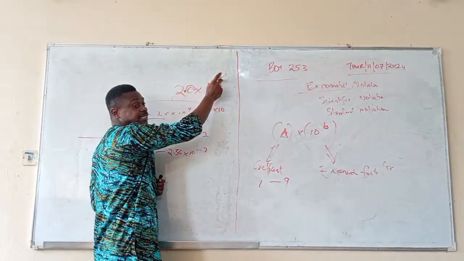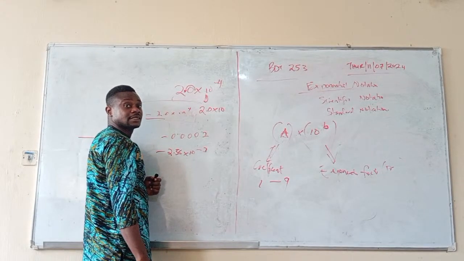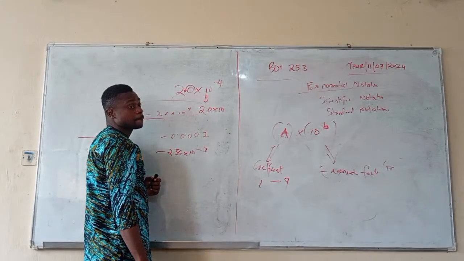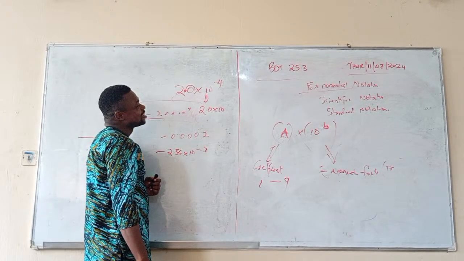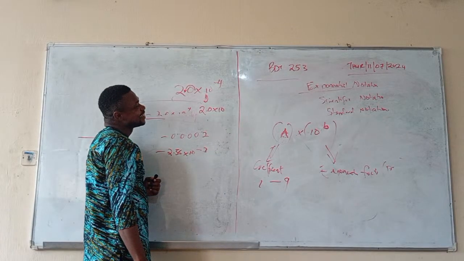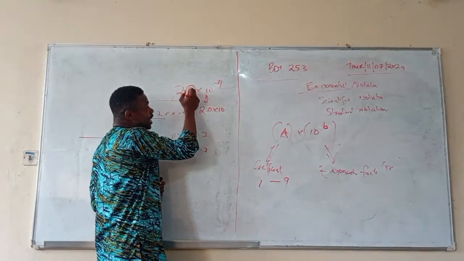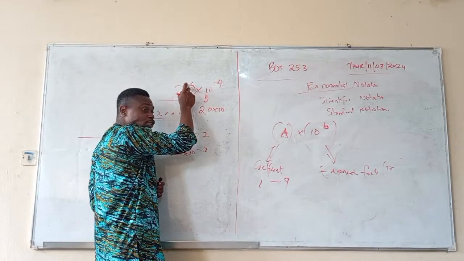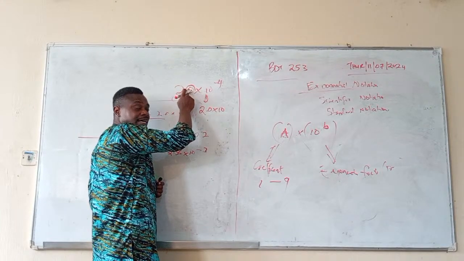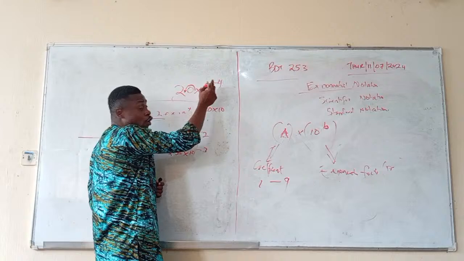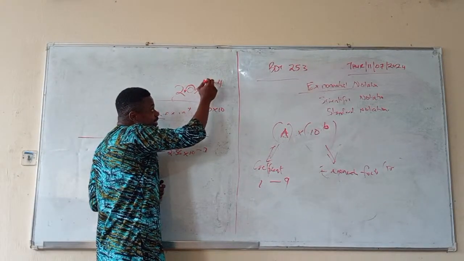So what happened to this sign here? Will it reduce or increase? Are you sure? Listen carefully. If this goes like this, you are eating up a 0 from here. Remember, this thing is the power.